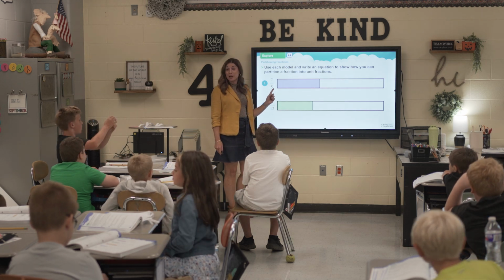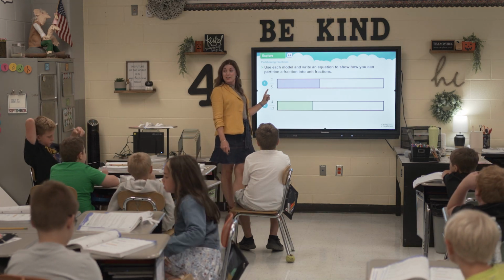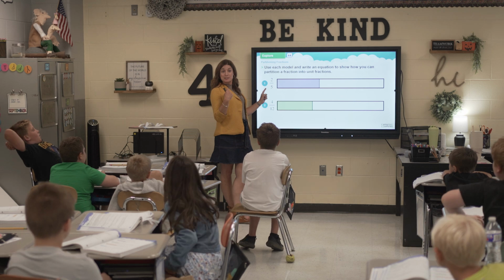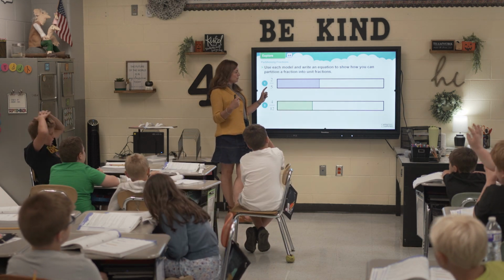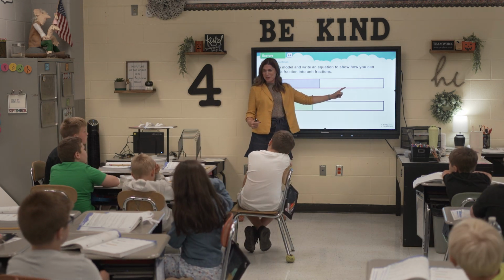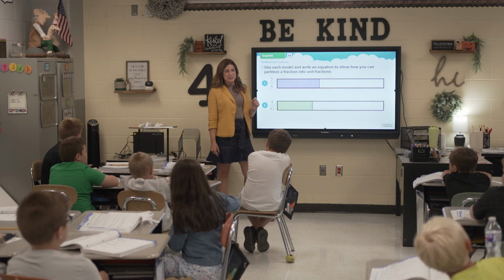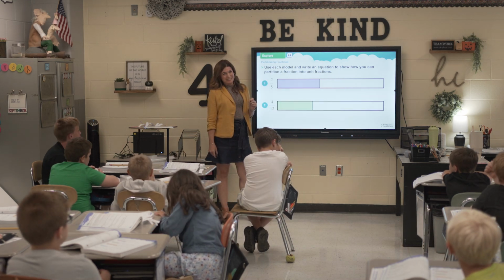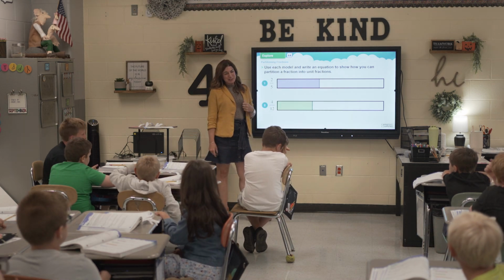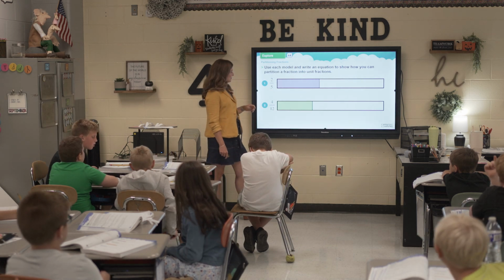The model is split up into how many parts? 5. But look, is it split up into 5 parts? No. So what do you think we might have to do? We're probably going to have to figure out splitting it up into 5 parts.